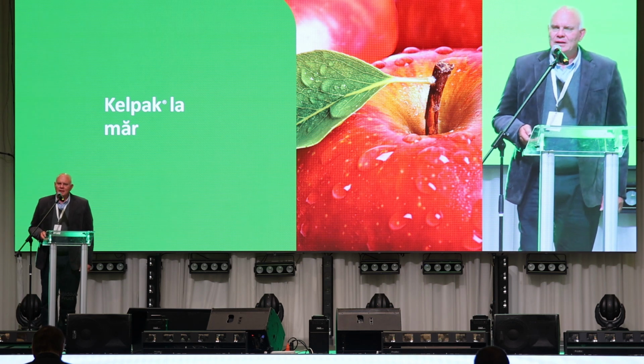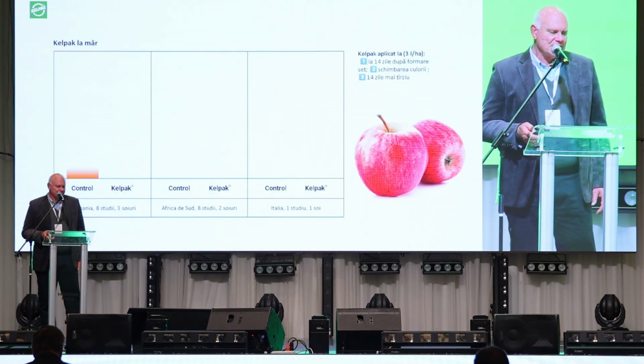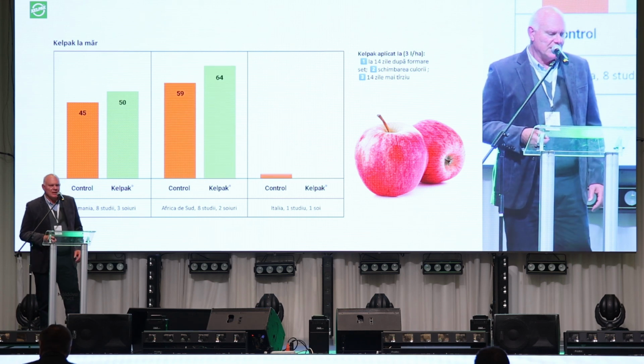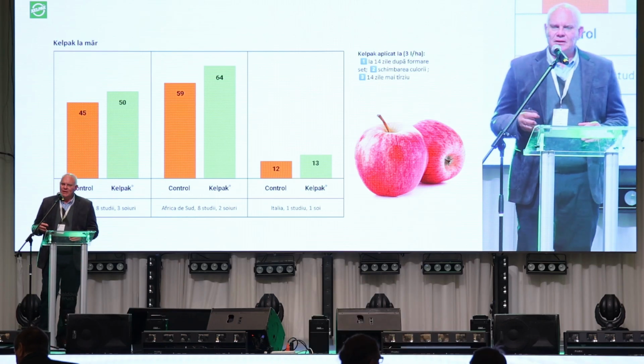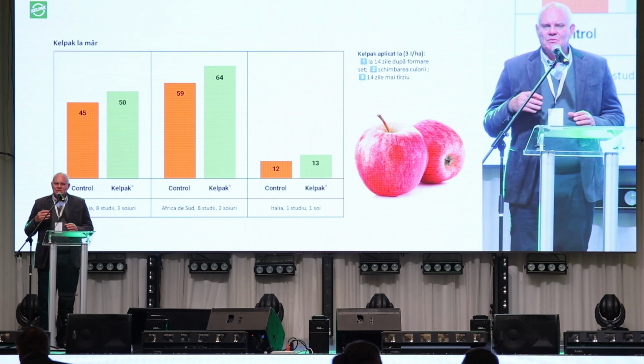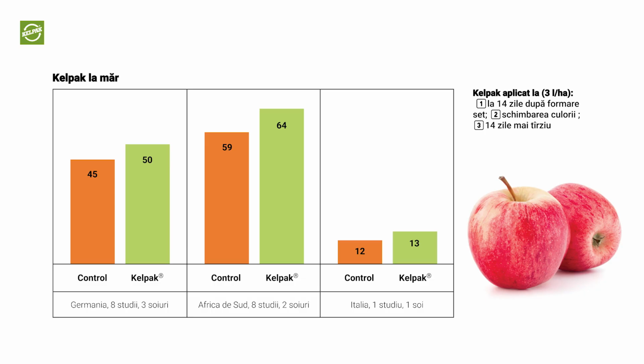If we look at application on apples, we've done trials in Germany, trials in South Africa, and more recently trials in Italy. And in all cases, the Kelpak program gave us an increase in yield. The Italian results were achieved with only 2 applications.